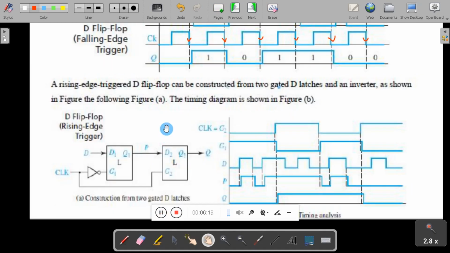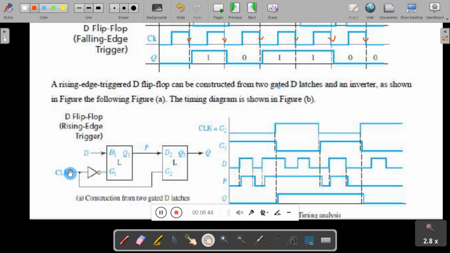So students, the positive edge triggered flip-flops can be constructed by using two latches or two flip-flops, as shown here. One acts like a master and the other acts like a slave, and they are connected by using the clock as shown here. The clock is connected with the inverter, and it is fed to the first latch or first flip-flop, and the clock is connected directly to the second.